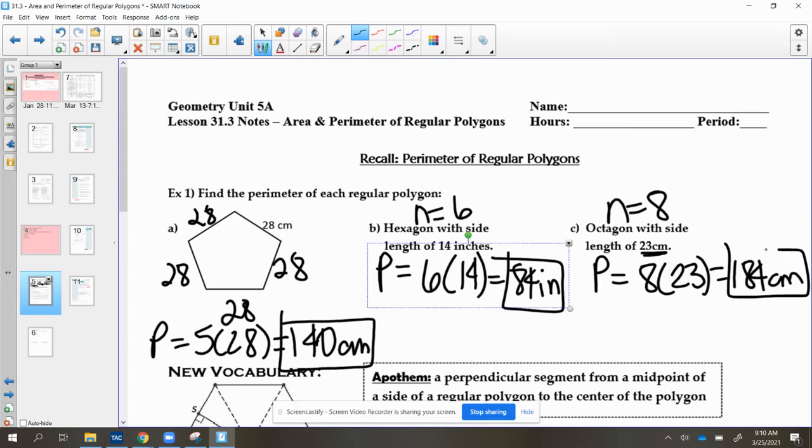So basically what we could say is when it's a regular polygon, so when all the sides are the same, the perimeter is equal to the number of sides times your side length, right? N times S.